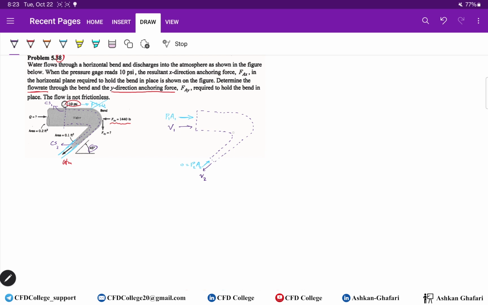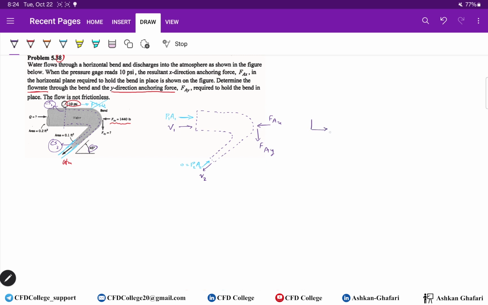So this is the control volume. We have two control surfaces, control surface 1 and control surface 2. We have these velocities, we have this FAx, the forces, and FAy. And now the second step is to define the x and y direction.